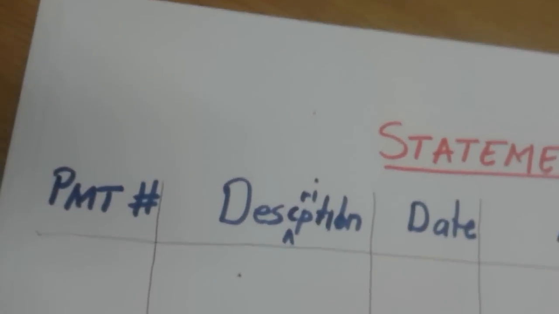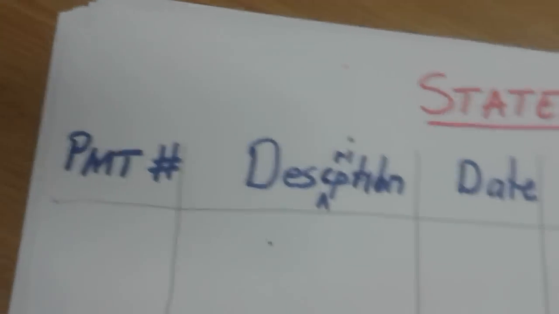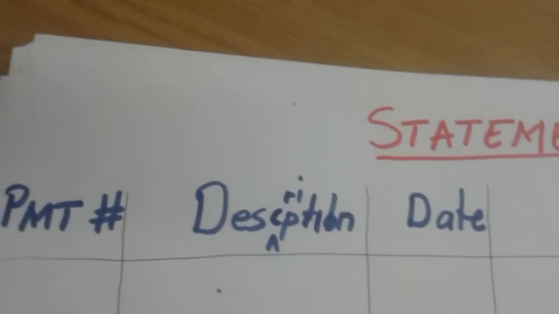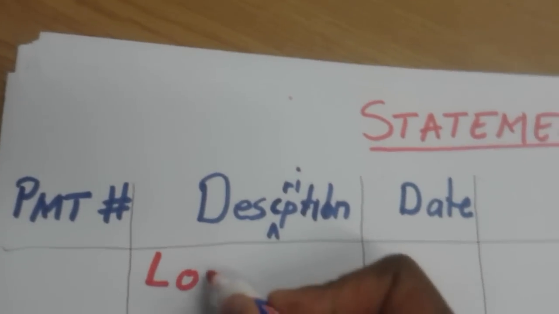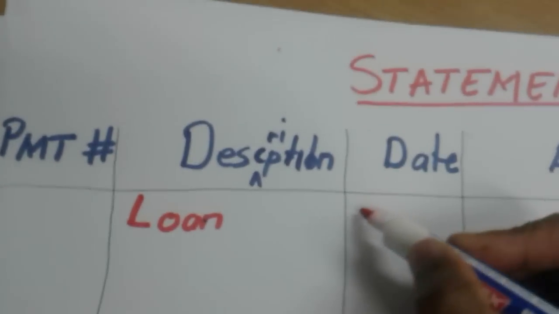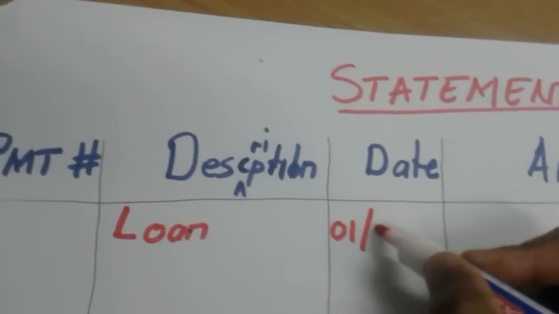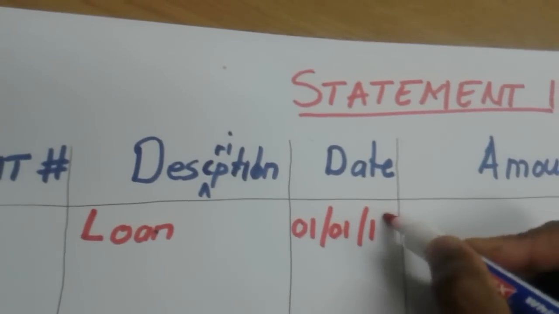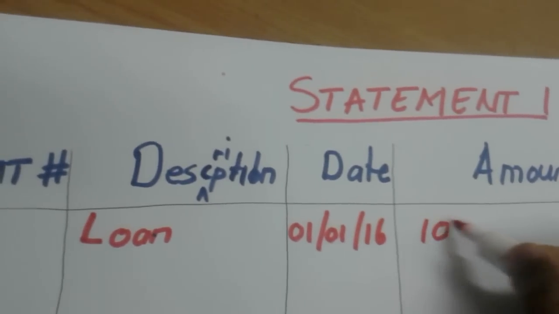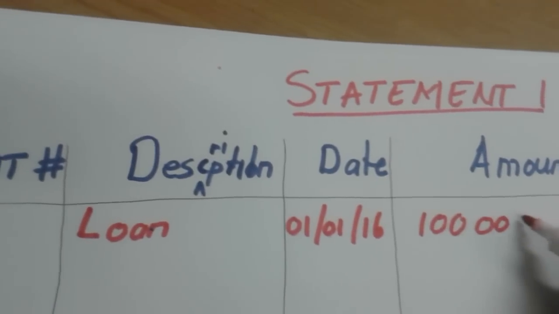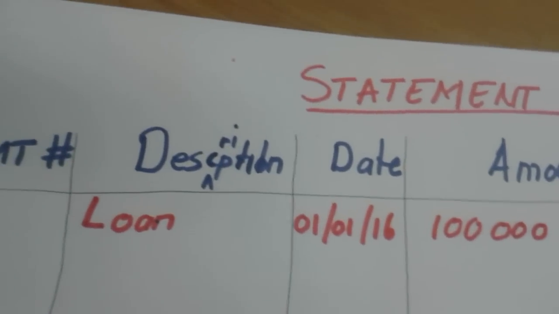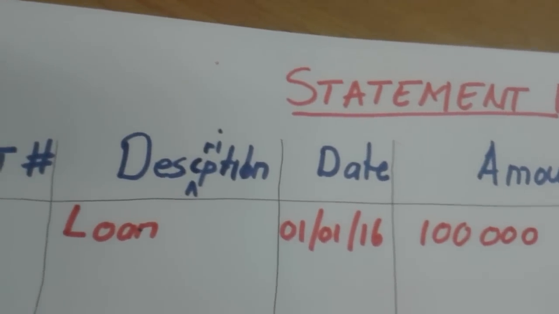Okay, so there is a bank statement. All right, so we start with the very first item, which is our loan. So since it's our first statement, there you go, the loan, which was effective on the 1st of January 2016, and the amount is 100,000. And the balance also is 100,000.